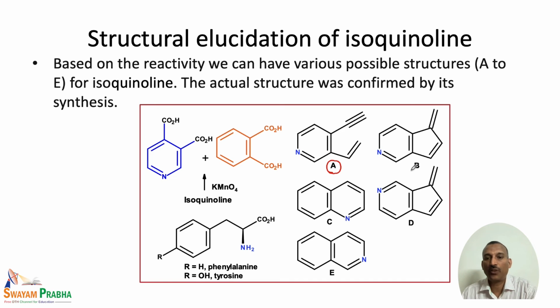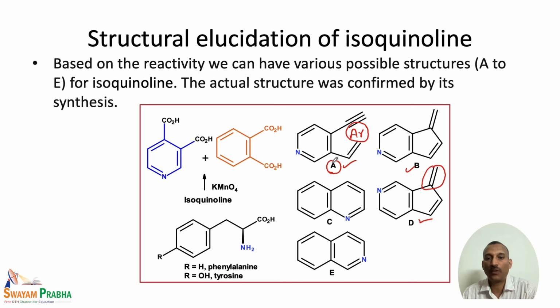If you look at structure B and structure D, there is an exocyclic double bond, and these compounds do not have an aromatic ring. So structures A, B and D do not have an aromatic ring. When there is no aromatic ring, we cannot explain how isoquinoline can undergo aromatic electrophilic substitution reactions.